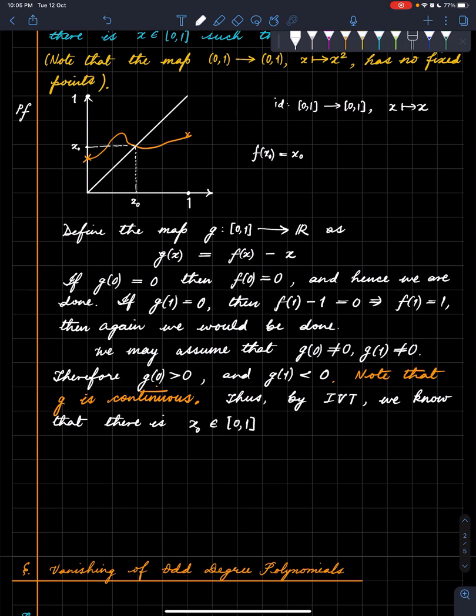In fact, here one can say that it is strictly between 0 and 1, such that g of x0 is 0, which means f of x0 equals x0, and we are done.